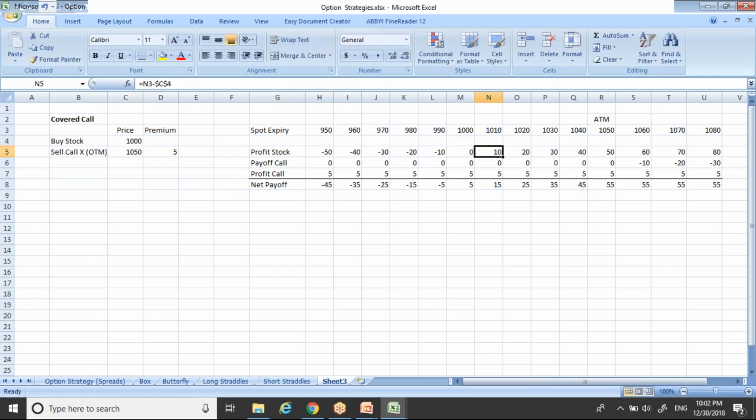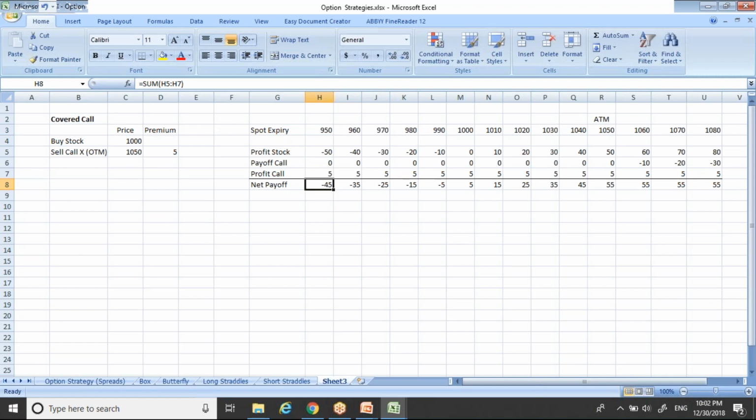So when you're selling the call at 1050, when the market is 1000, just imagine if it is expiry and price goes down. If price goes down, you'll have a loss of 50 rupees from stock, but at the same time you have a profit of 5 rupees from the call option, because you have sold the call option and the buyer will not exercise.